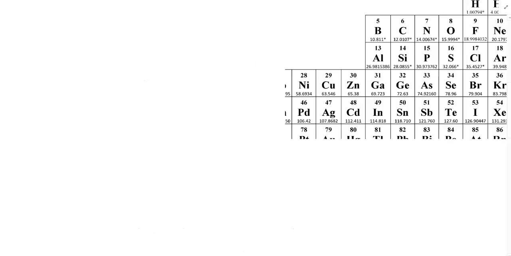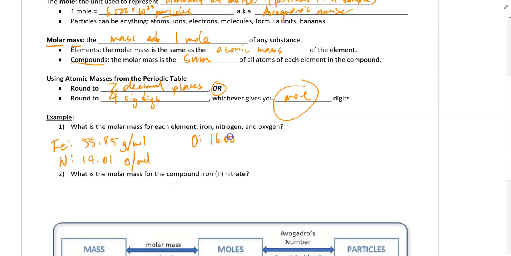So this rounds up to 16.00 grams per mole. To be clear, this can also be thought of as 16.00 grams of oxygen for every 1 mole of oxygen. And that becomes a useful relationship that we can use in a later calculation.